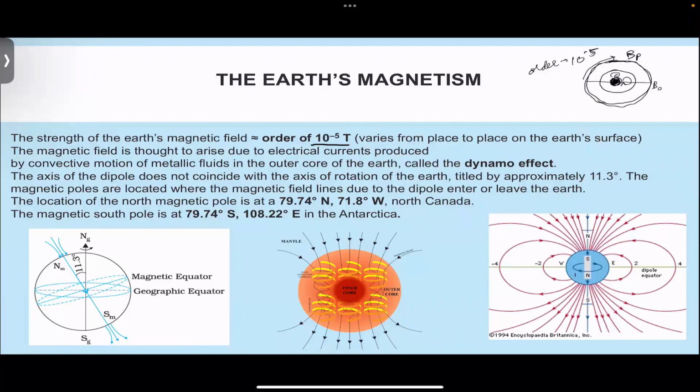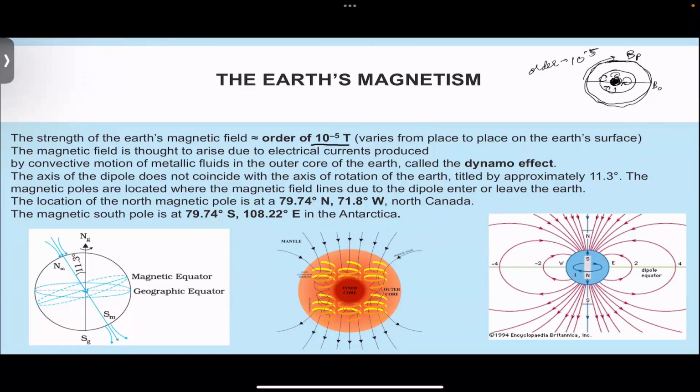So due to the Earth's rotation, there are convection currents forming in the fluid outer core. The outer core is composed of molten iron and nickel. Because of that, and because of the Earth's rotation, convection currents are forming in the outer core, and due to that, an electric current is set in the outer core due to this convective motion.